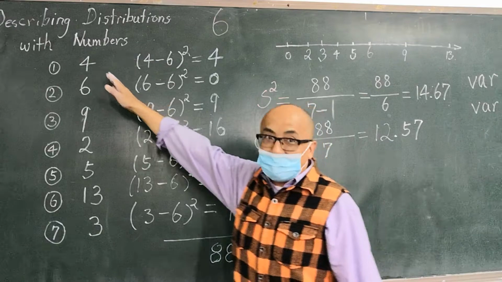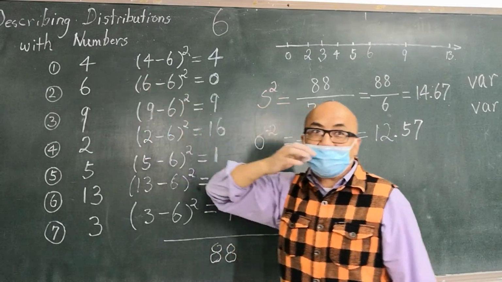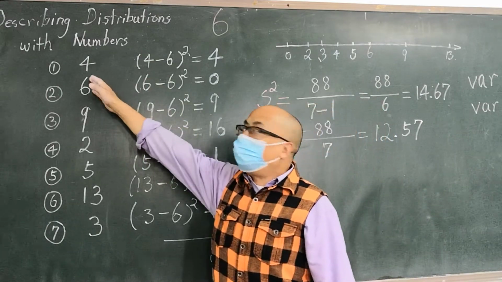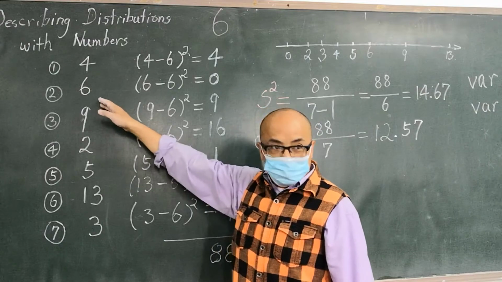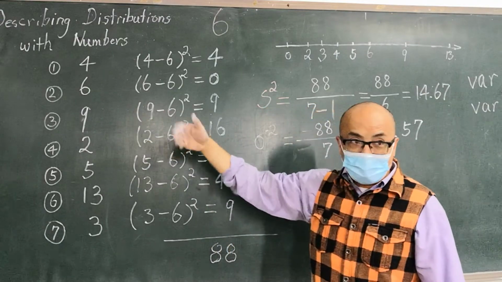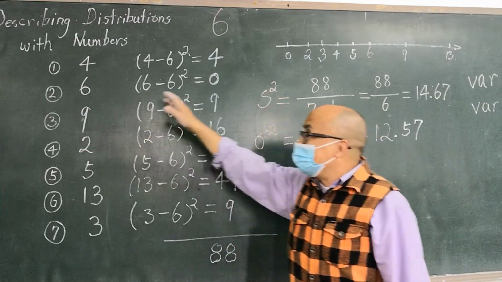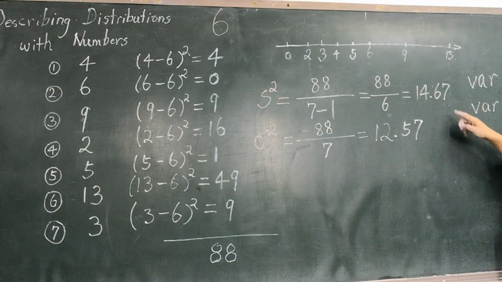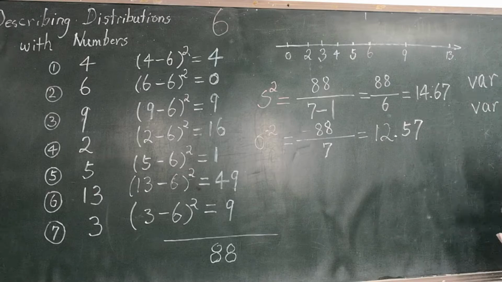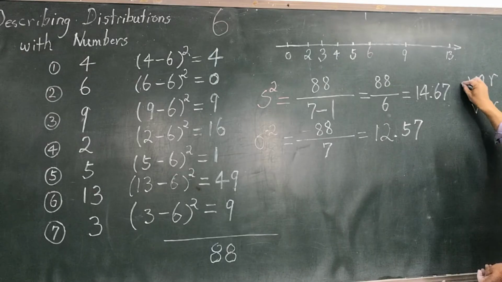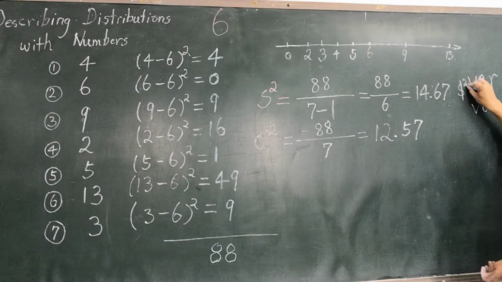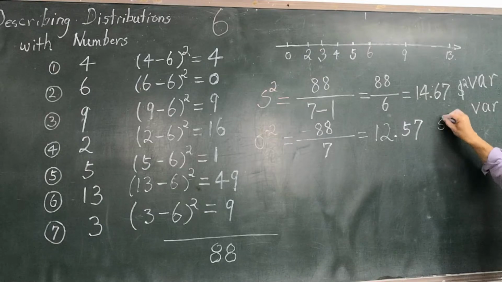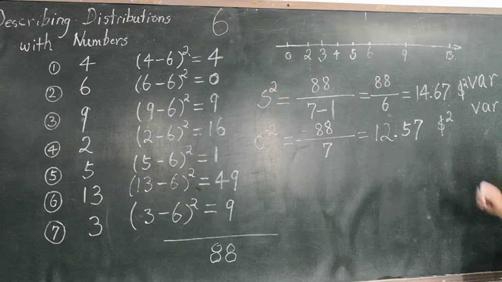But it's something maybe 4,000, 6,000, maybe more or less 40,000, 60,000 can buy a house. The dollars, then the unit becomes strange. The unit is a dollar squared.